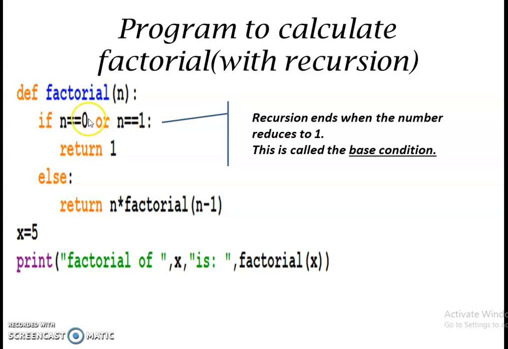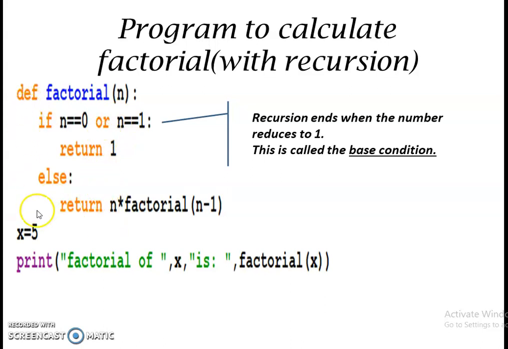Here the termination condition or base condition is when the value of n is 0 or when n is 1, it will return 1, right? And in the else case, it will return n into factorial of n minus 1. Here the factorial function calls itself, so it is recursion.